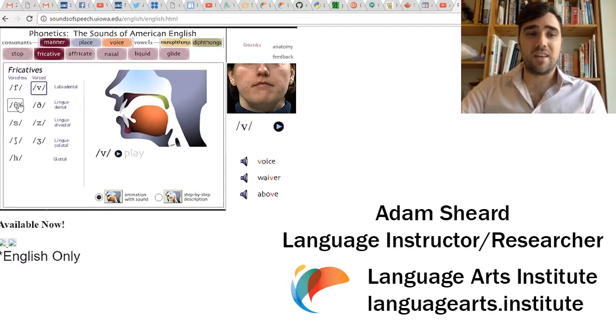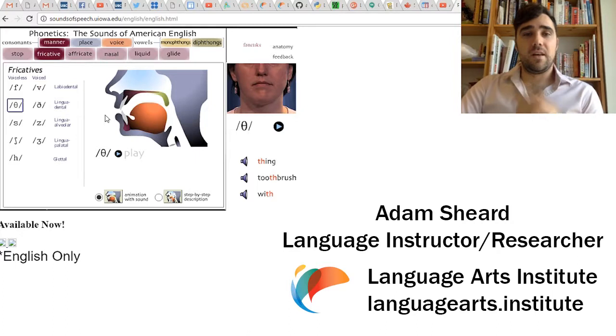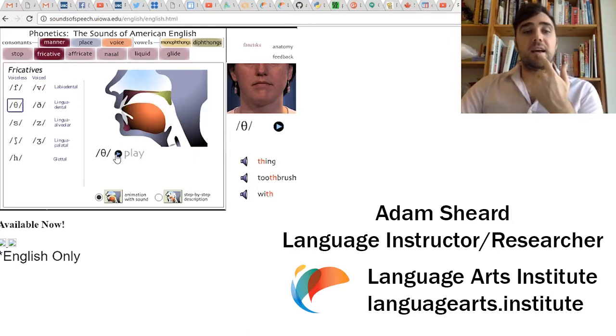Okay, now moving on to the next sound. We have the sound. Now, as you see in the diagram here, we have a very interesting position with our tongue. You see how the tongue comes up to behind our front teeth. So the last sound was right underneath the front teeth. This one, our tongue is coming up.